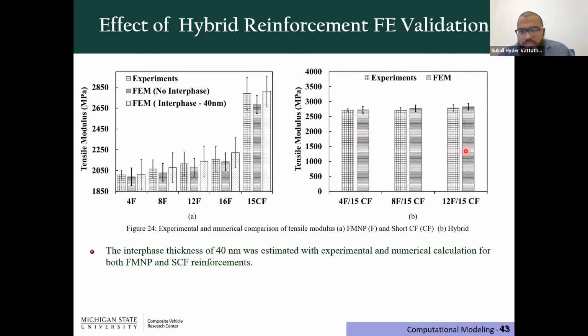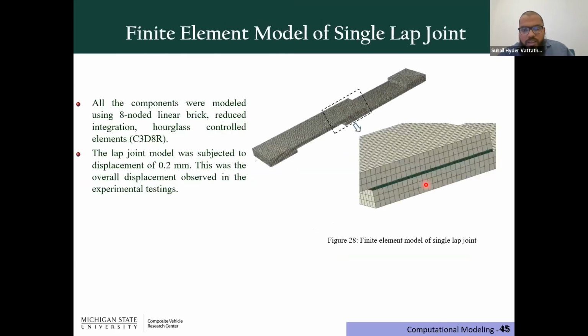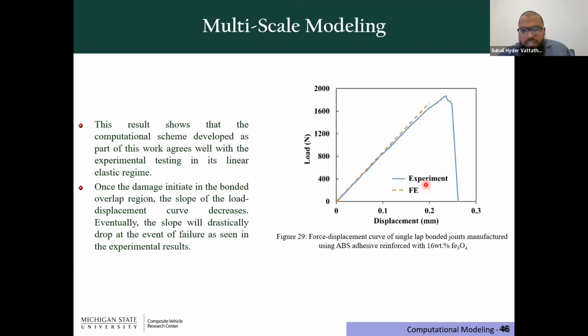And you can see a very good comparison, with less than 5% error between the experimental and computational models. And that particular constitutive behavior was fed as the adhesive property in our single lap joint that we created. And we got a really good comparison at the macro scale as well.